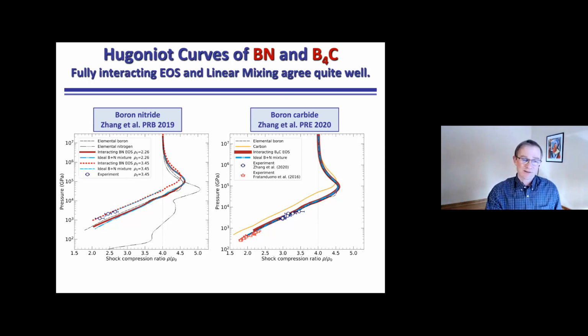And we basically got a really, really good agreement. So we have this linear mixing approach where you mix two equations of state, and we almost can reproduce these experiments. So someone in the chemistry community would say, ouch, this possibly can't work.